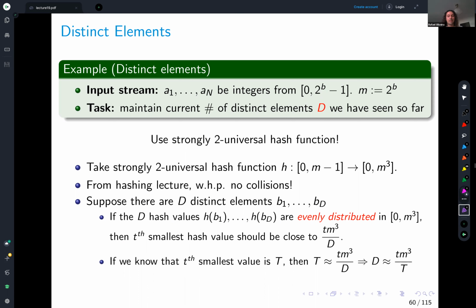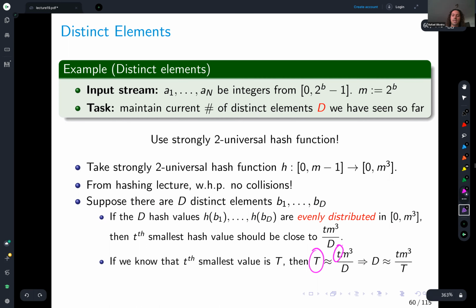So the idea is, well, we're going to have all these hashes. And if we know that the tth smallest value is capital T, in this case, where the hash values are evenly distributed, we know that T is approximately tm cubed over d. But now, what do we know? We will know T, because that's what we're assuming.